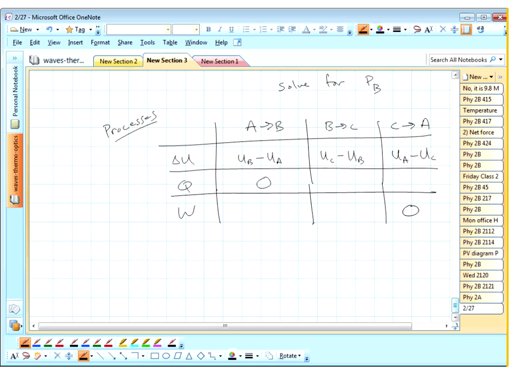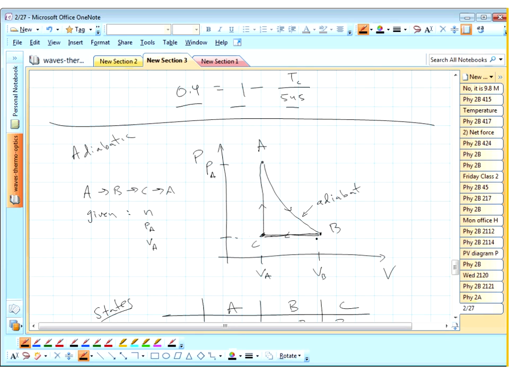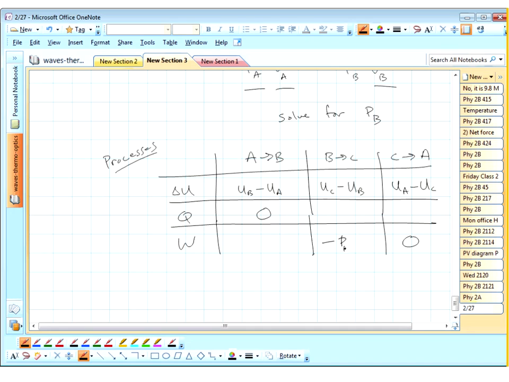From B to C, this is a constant pressure process, so we can find the area of that rectangle, and that's the work done. And it's negative because delta V would be negative. Okay, so we can find that.